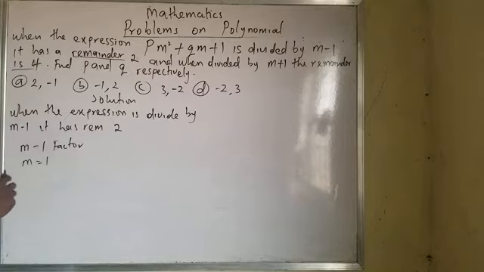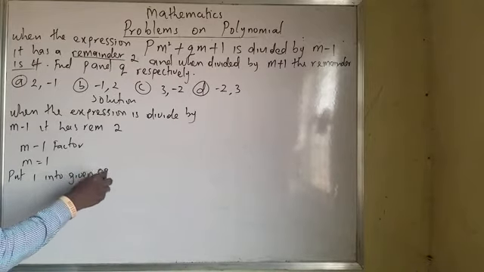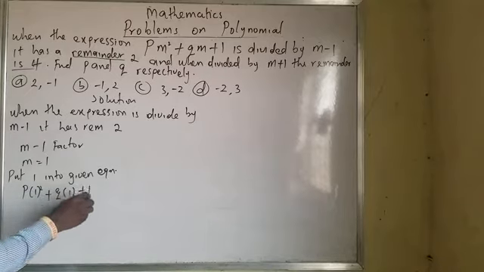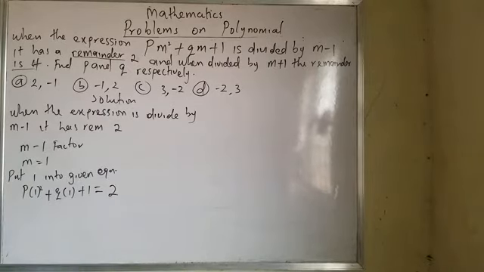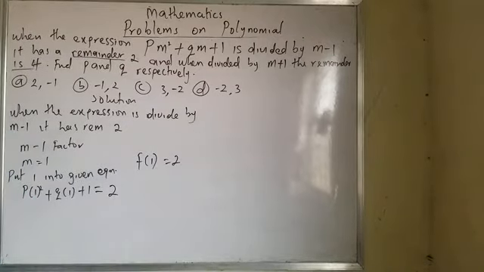Now, when I put m equals 1 into the given equation, what is the given equation? p bracket of 1 squared plus q bracket of plus 1 plus 1 equals, now, the remainder, 2. That is what I mean. It means f of 1 will be equal to 2. Please take note of that.